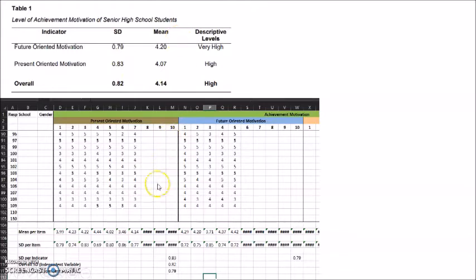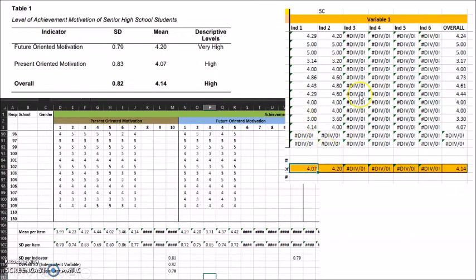Where did we get the mean? The means here are the means for each item. The mean for each indicator and the overall are not here. They come from the computation file in Excel, on the right side, the part colored somewhat orange. This is variable 1, indicator 1 and indicator 2. There are only two indicators, and here is the overall.